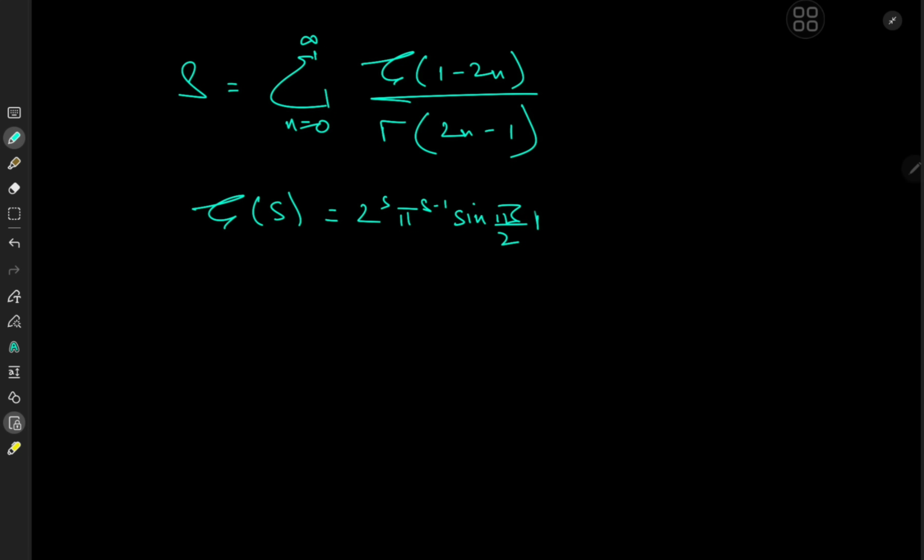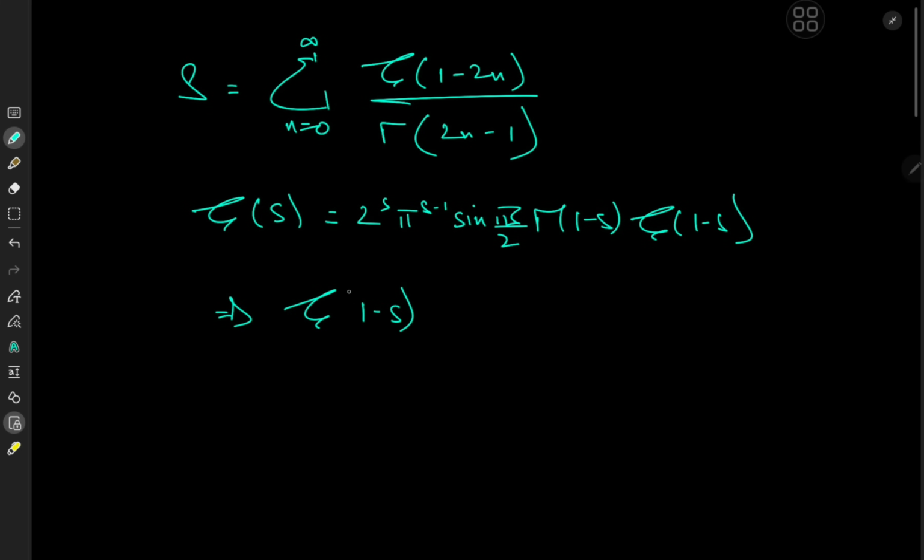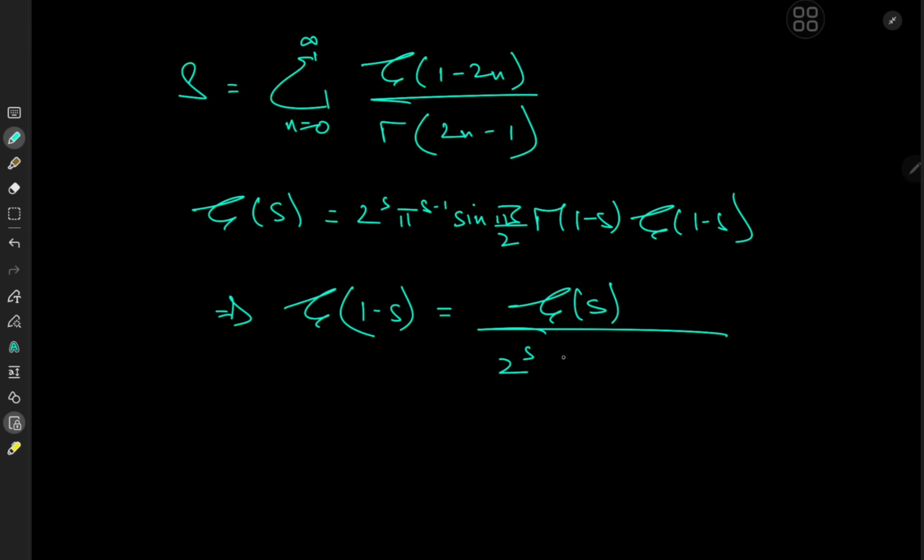The star of today's show is actually zeta(1 minus s), because I'd like to solve this equation for zeta(1 minus s). So zeta(1 minus s) equals zeta(s) over 2 to the s times pi to the s minus 1 times sine of pi s over 2 times gamma(1 minus s).